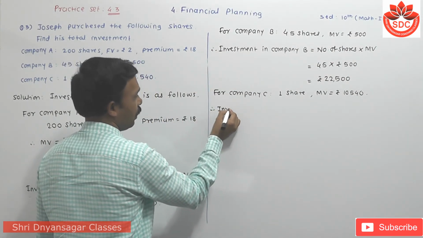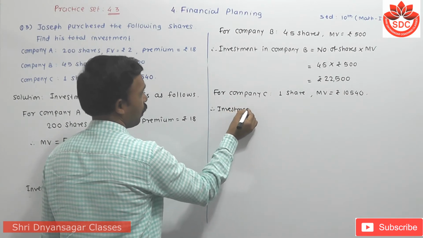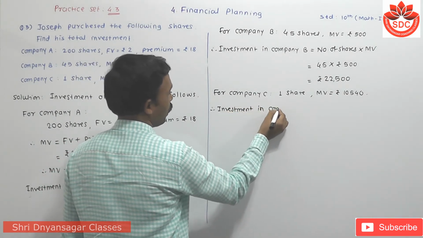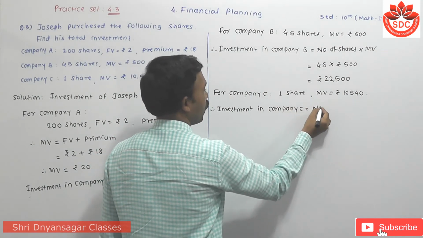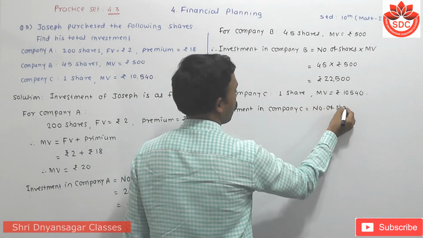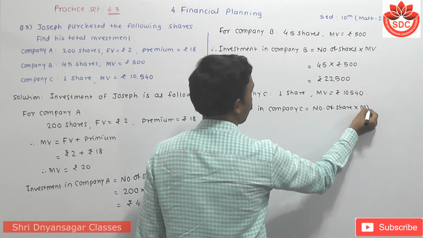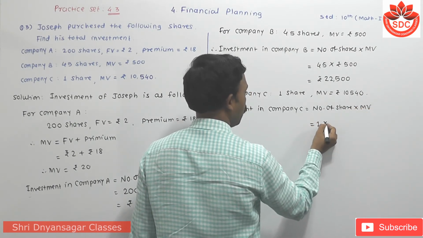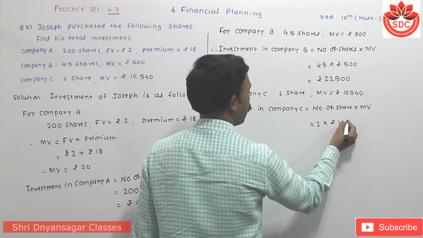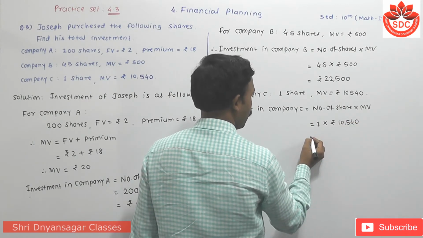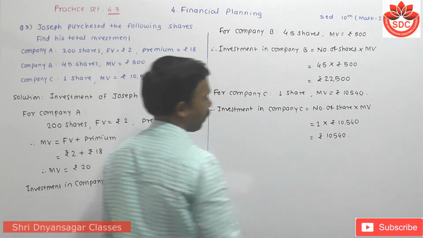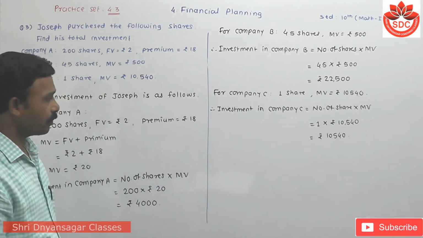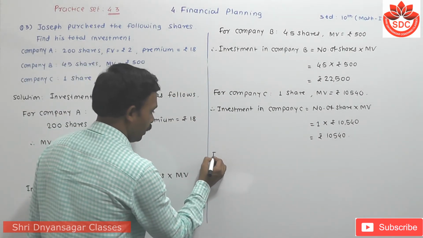Therefore investment in company C is equal to number of shares into market value. Number of shares is 1 into market value is 10,540, is equal to rupees 10,540.